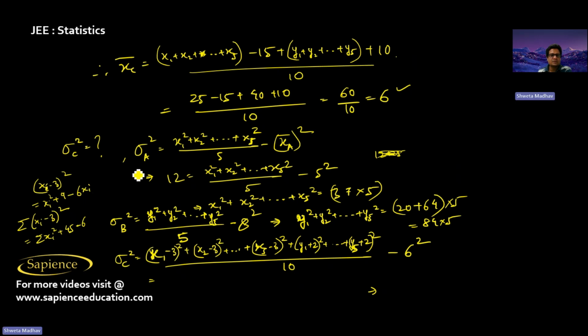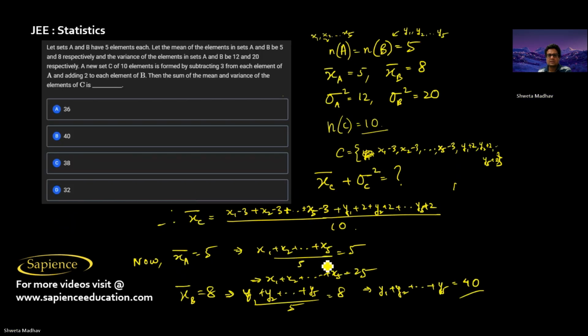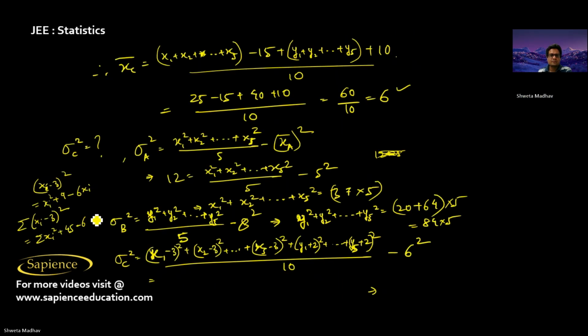Summation xi is 25, so 6 into 25. So that is summation xi squared.